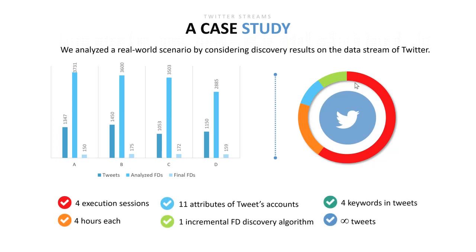Concerning the evaluation, we analyzed the effectiveness of BigVis on a real-world scenario by analyzing discovery results on the data stream of Twitter. In particular, tests have been performed by considering 4 execution sessions, named A, B, C, and D, using an incremental FD discovery algorithm, each session lasting about 4 hours.